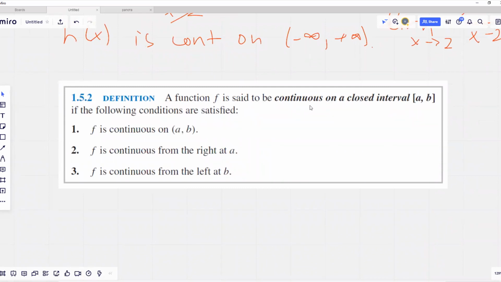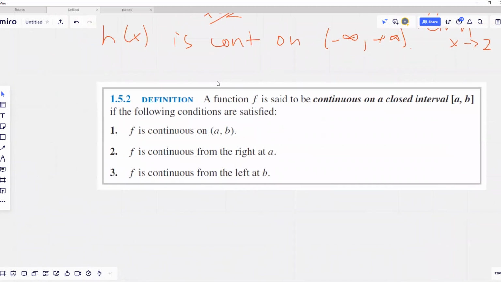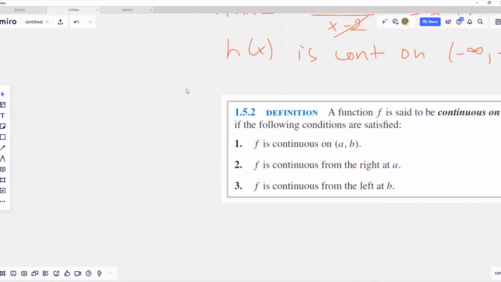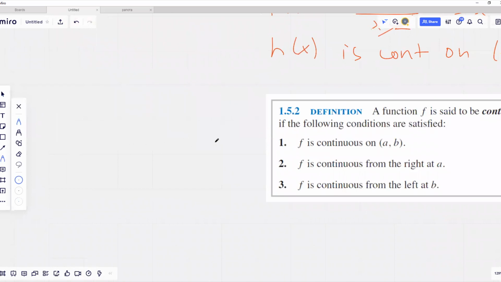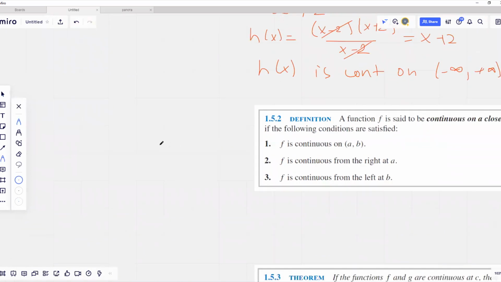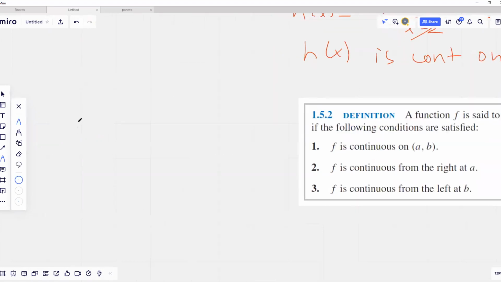First, before looking at continuity of a function on a closed interval, let's define continuity of a function on an open interval. A function is said to be continuous on an open interval if it is continuous at every point c that is inside of the open interval.